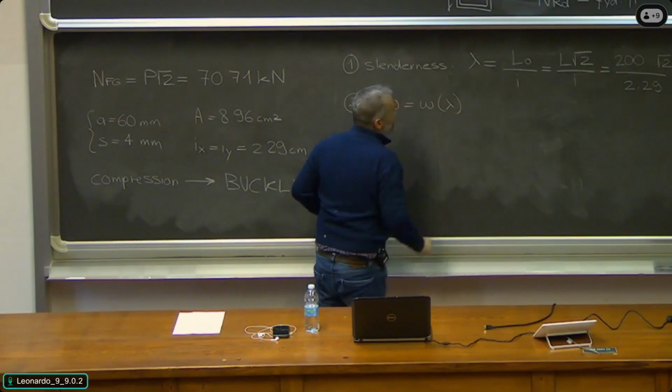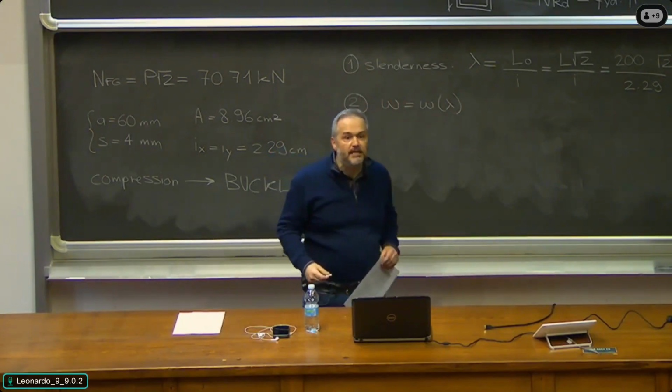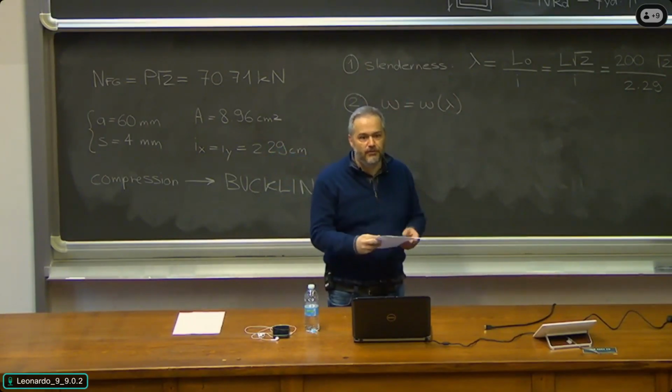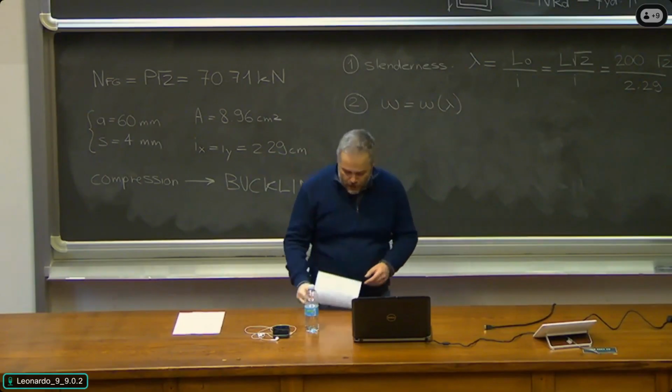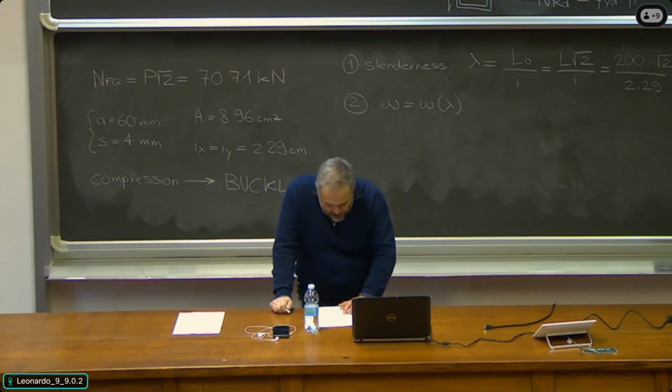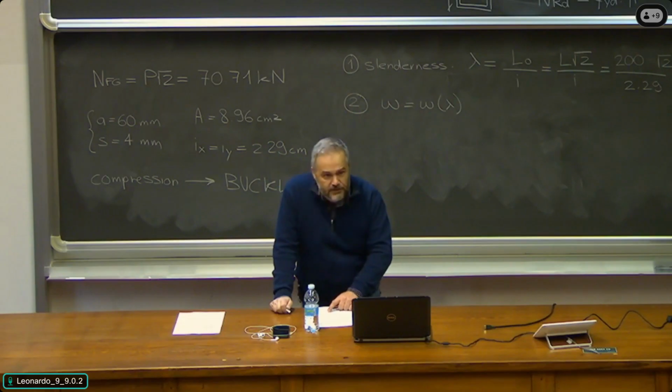Omega is an amplification coefficient we use to take the buckling phenomenon into account in a simplified way. So you move down in the first column, lambda 0, 10, 20, up to 120, and then you start moving to the right: 0, 1, 2, 3, 4, and 5.